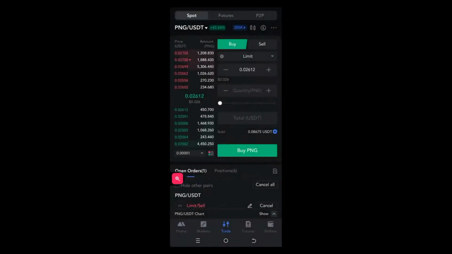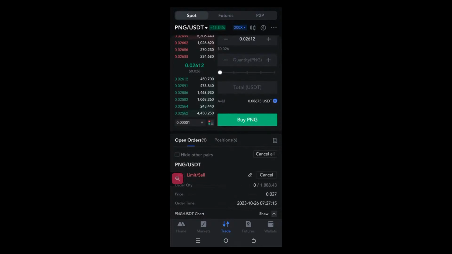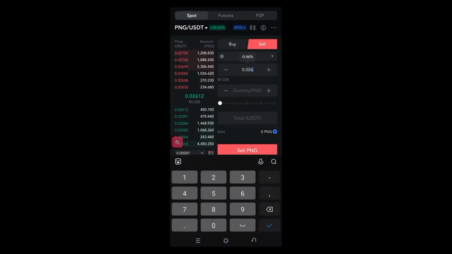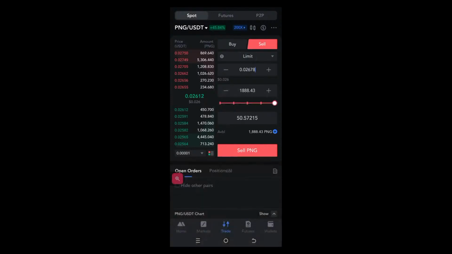If I put 2.678, I just cancel it out and let's see what that would give us. 57 cents. Okay, that's another 1%.